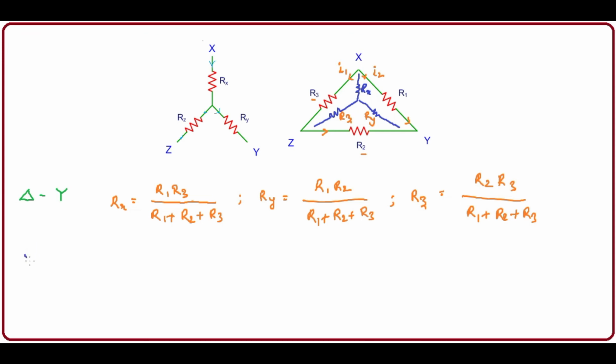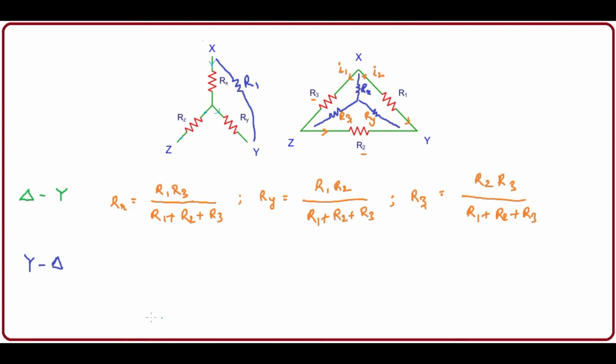To convert from star to delta, star resistors Rx, Ry, Rz are given to us. Now our job is to find the delta. How can this be done? It can be easily done here. It looks like this. This resistor is R1, and I want to find R1. How to get R1? It's very easy.